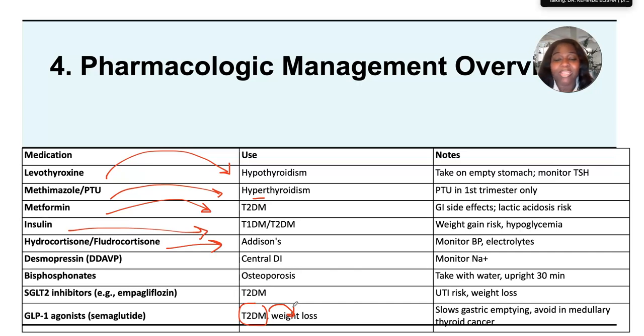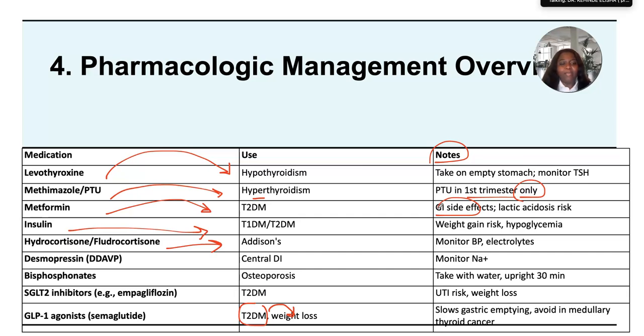Okay. So now levothyroxine. What are the notes that we must keep in mind? Take it on an empty stomach. Monitor TSH level. Methimazole or PTU in the first trimester only, not beyond that, because it can be teratogenic. Metformin, you have to watch out for GI side effects. Lactic acidosis is one of the common things that we see with metformin. What about insulin?